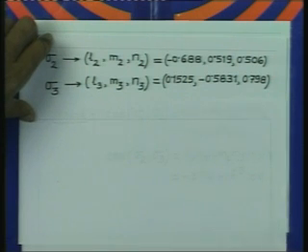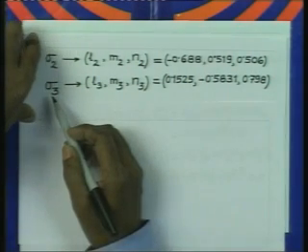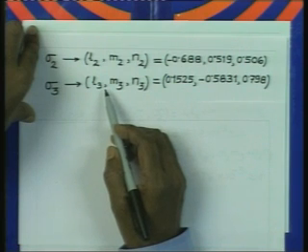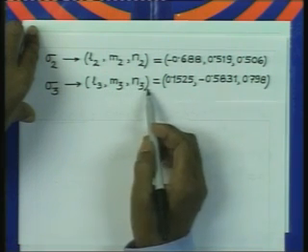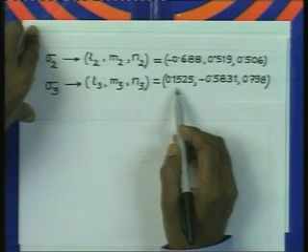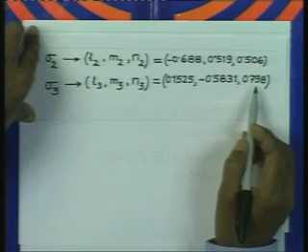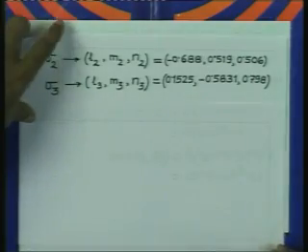In the similar way, for sigma 3, the direction cosines of the plane on which sigma 3 is acting, L3, M3, N3, are going to be given by 0.1525, minus 0.5831, 0.798.